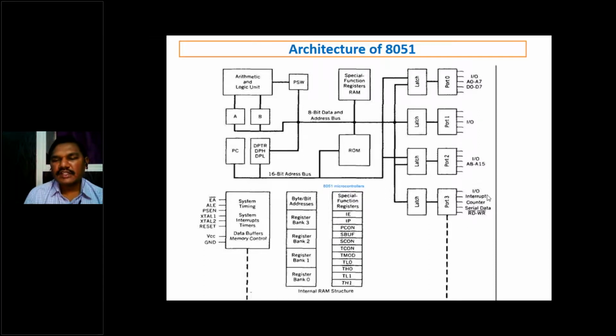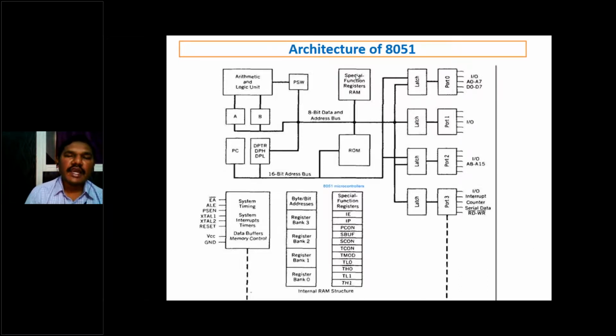It has interrupt controlling, timer controlling, serial communication, and external RAM controlling, that is read bar and write bar. Because the read and write signals are connected to RAM memory, this port is called a special port. We will see one by one in future.